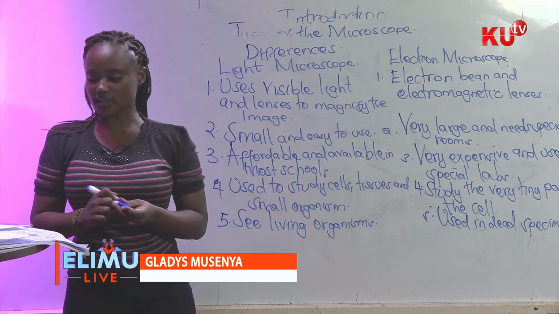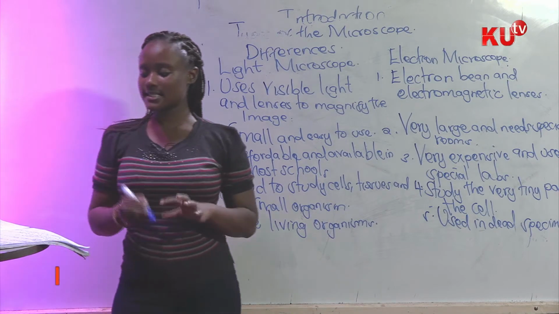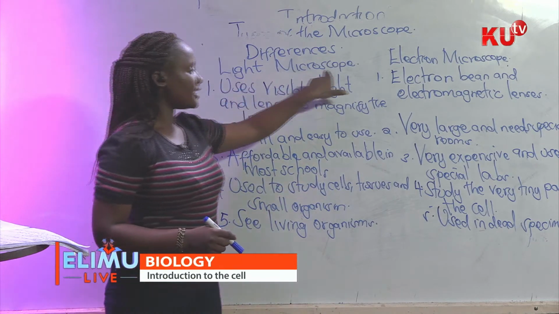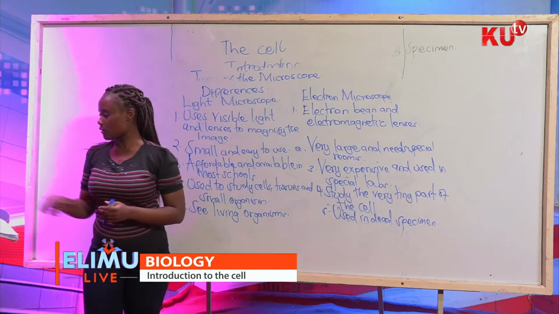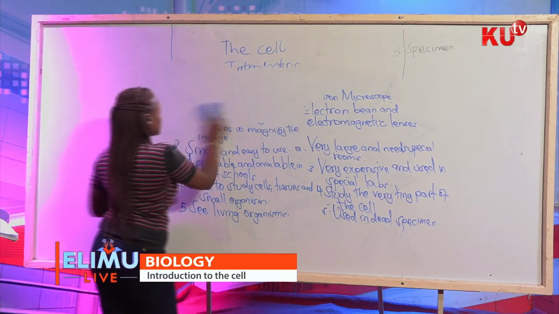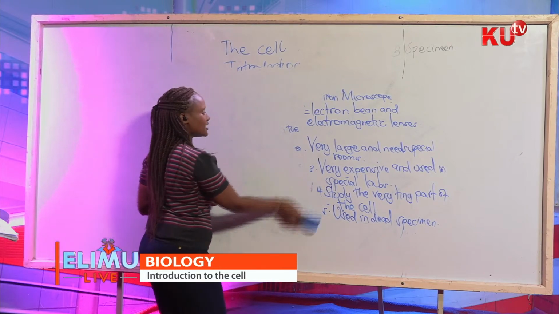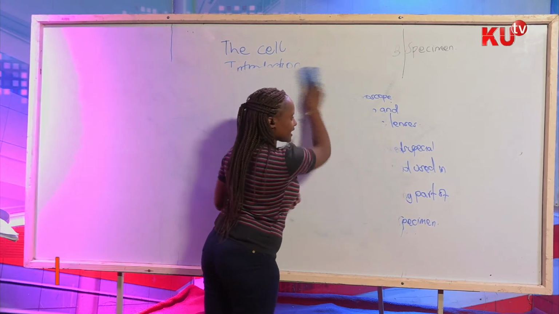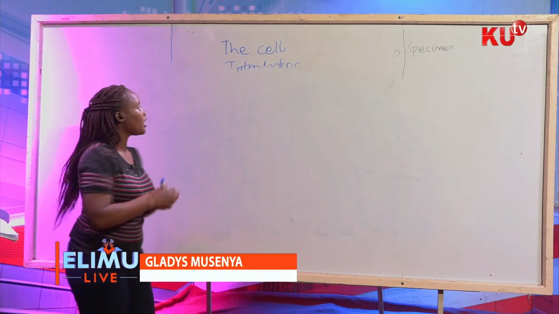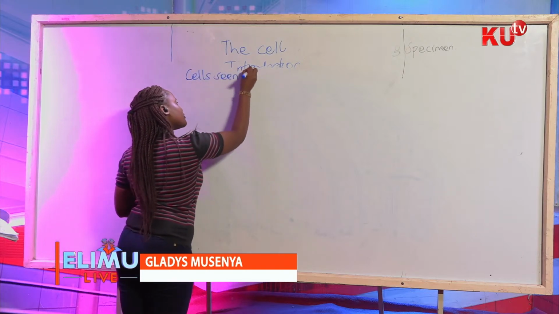Now let's go to our next part, which is the cells seen through the light microscope. We are going to discuss the functions of the cells that we find in the light microscope.